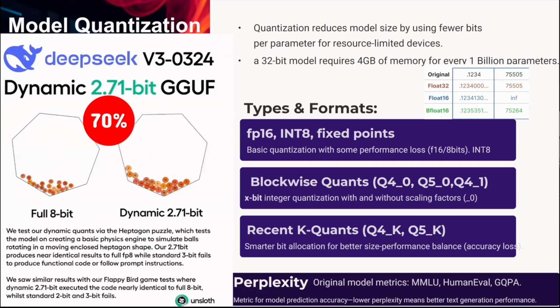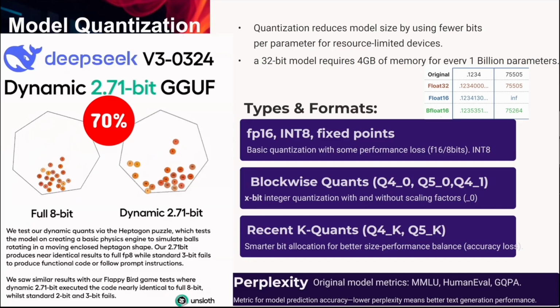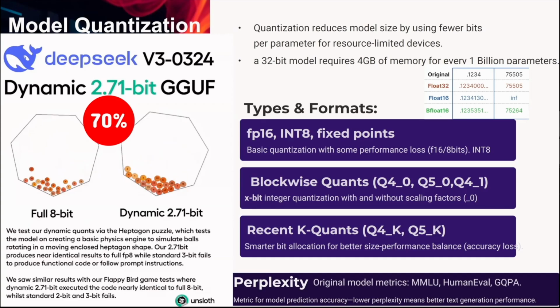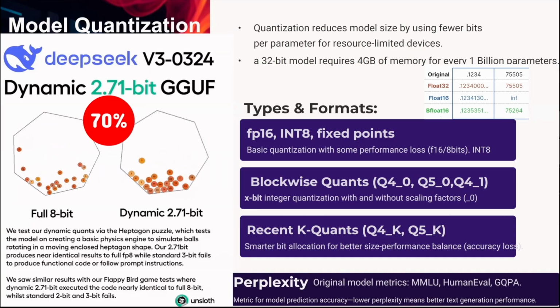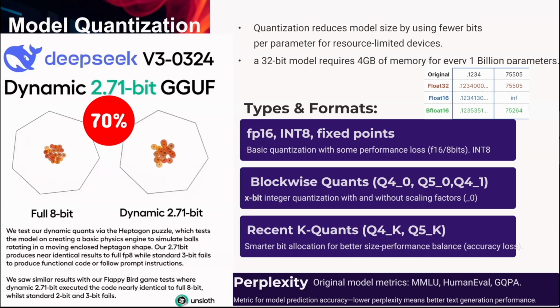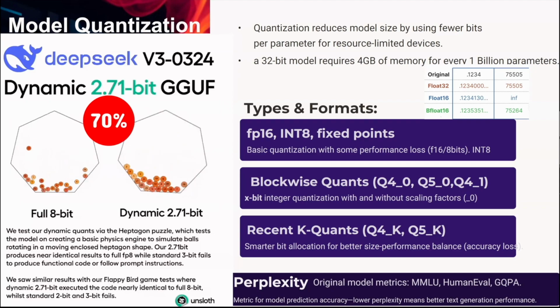And with this 2.71 dynamic, fractional quantization, they got it down to 230 gigs. It's not going to run on your laptop yet, but 70% is really encouraging. This is really promising for the future. We won't have full precision models that can only run on GPU. You can reduce the size of the model by many folds. This is very encouraging for the future.